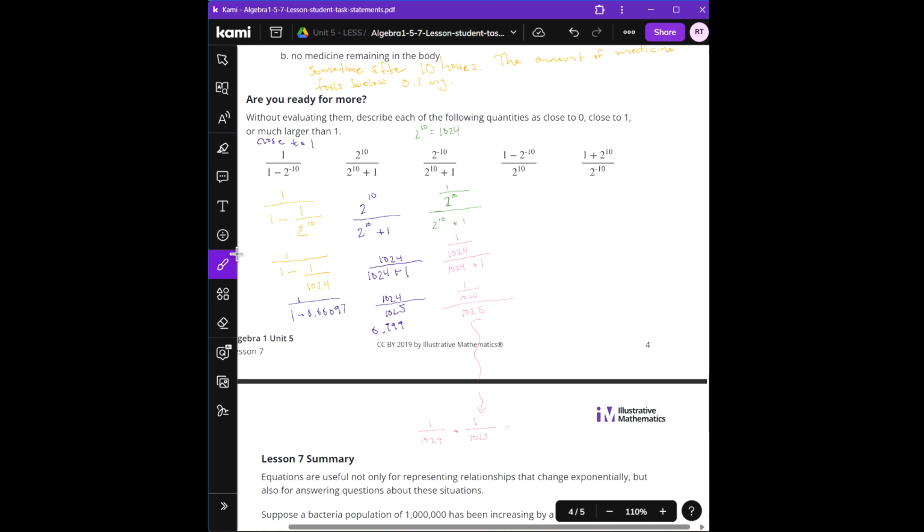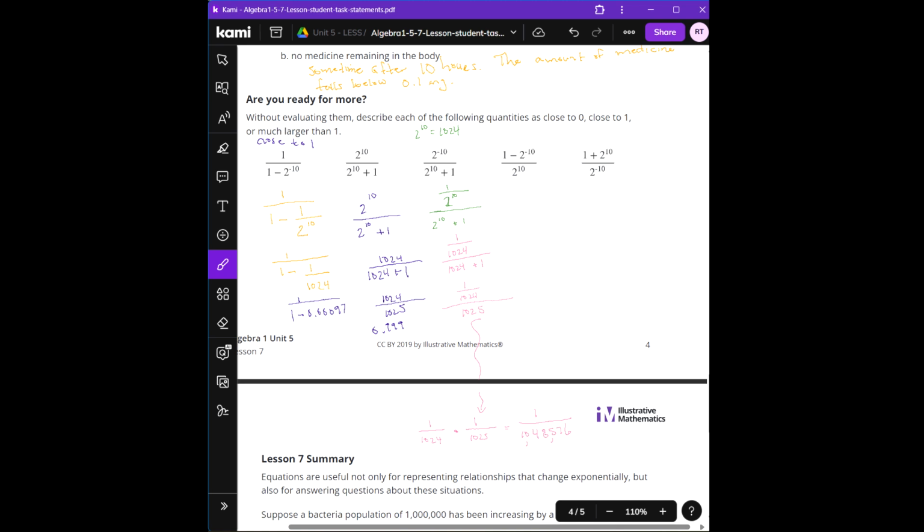This is going to give me 1 divided by, hold on, let me just write it down, 1,048,576. So 1 divided by 1,000,000 something, and so when we do that, let's get out our calculator.